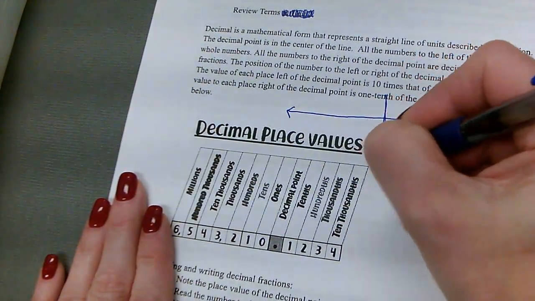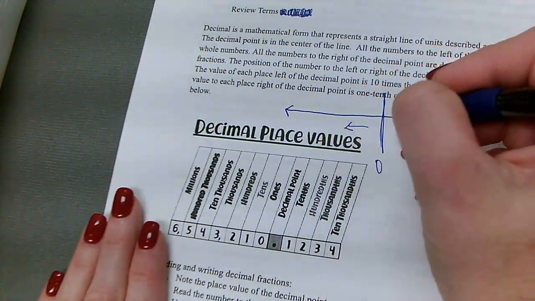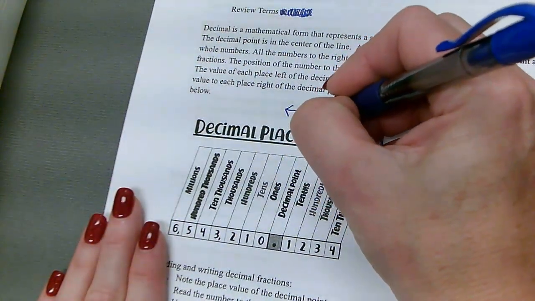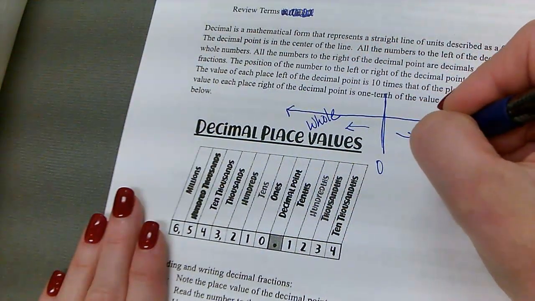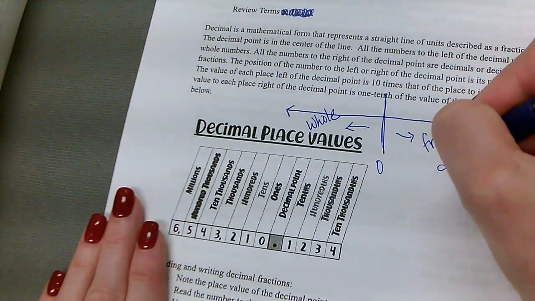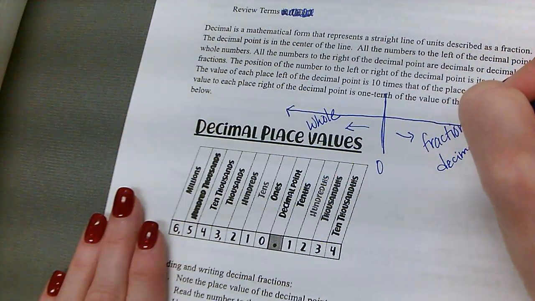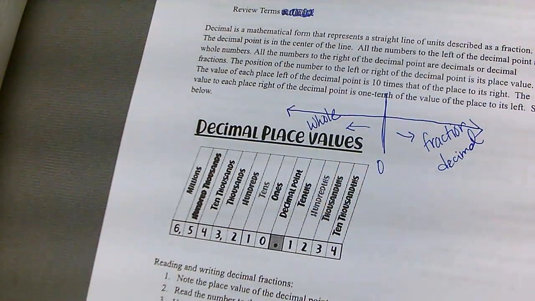And right in the center we have 0, right? And everything to the right of 0 is a whole number, and everything left of 0 is a fraction or a decimal. Okay, so it's part of a whole, it's not a whole. So that's one thing you got to keep in mind.